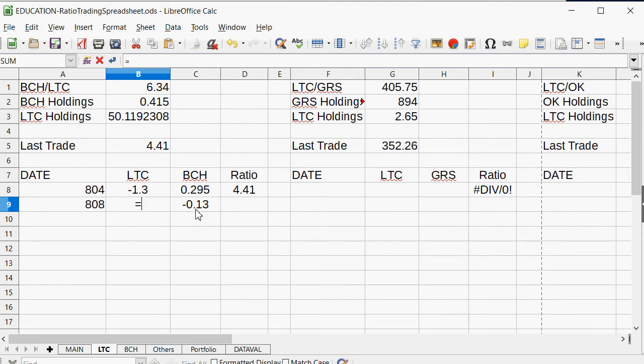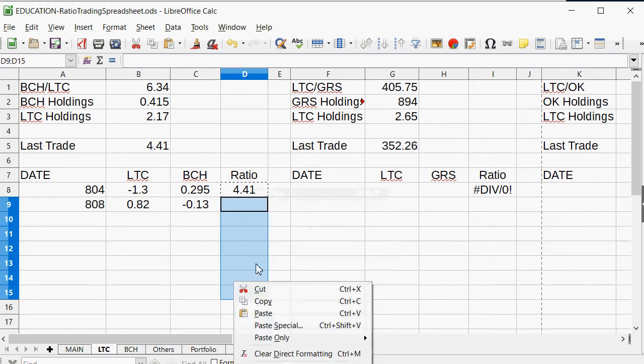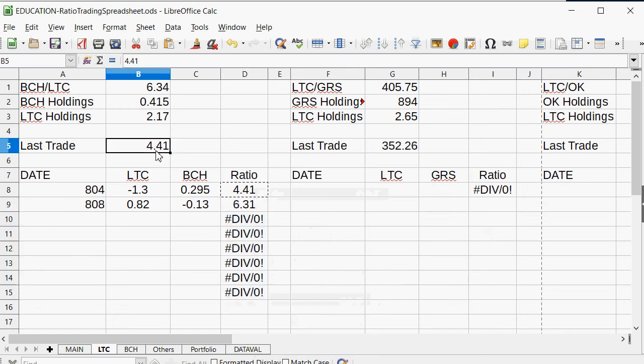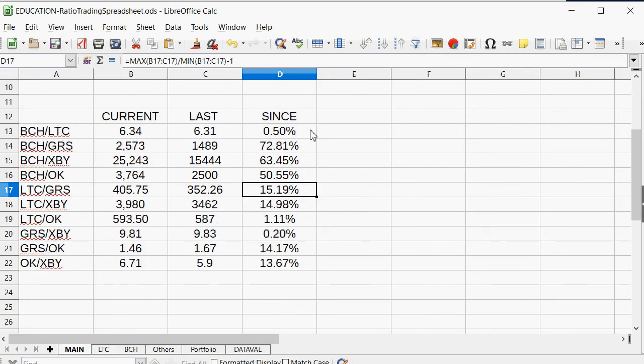I would get 13% of this multiplied by this. So I get 0.82. Let's say 0.82. And I'll just copy and paste this like that for now. Put in 631 for last trade. So now that's back in there.